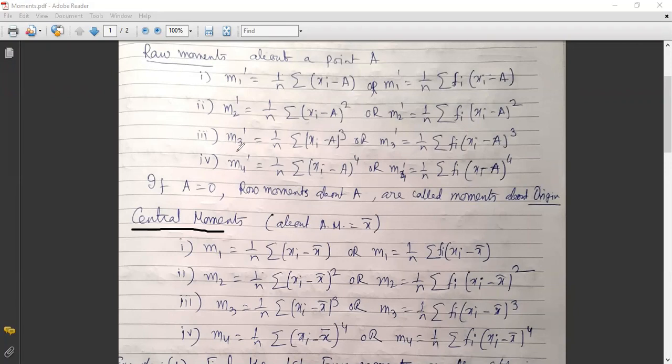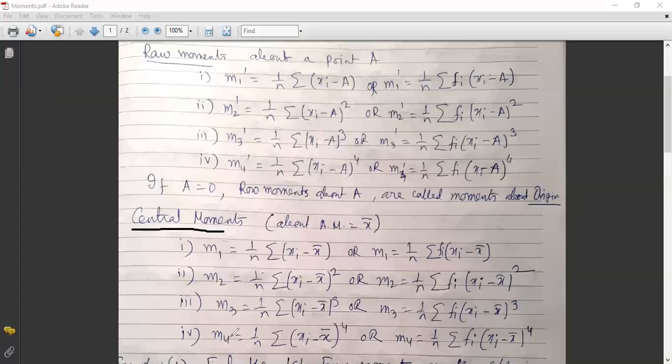M1 is used to represent the first order central moment, M2 to represent the second order central moment, M3 is used to represent the third order central moment, and M4 to represent the fourth order central moment.